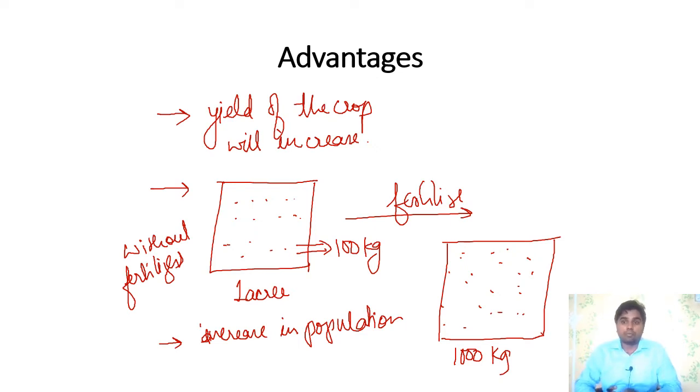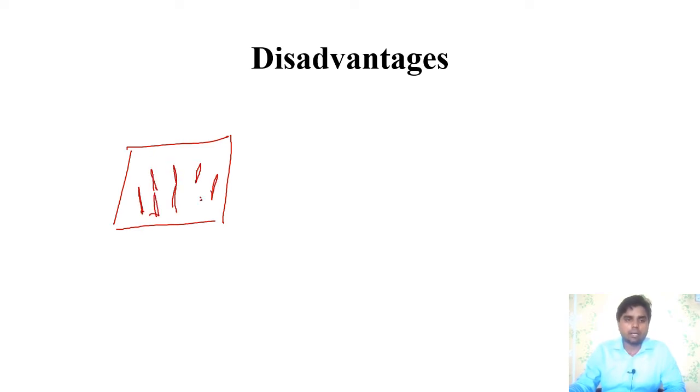Okay, now if there is an advantage of one part of science, then there will be a disadvantage also. So let's see what the disadvantage of chemical fertilizers is. So students, suppose we have put some chemical fertilizers over this field. The green one is the fertilizer.